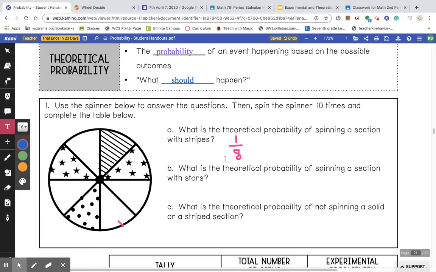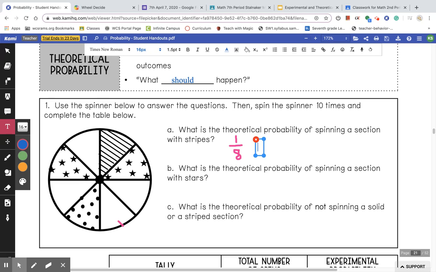I want to get this converted to a percent, because later when we look at our experimental probability, it's going to be easier to see how close they are. So to do that, you do 1 divided by 8. 1 divided by 8 is equal to 0.125.